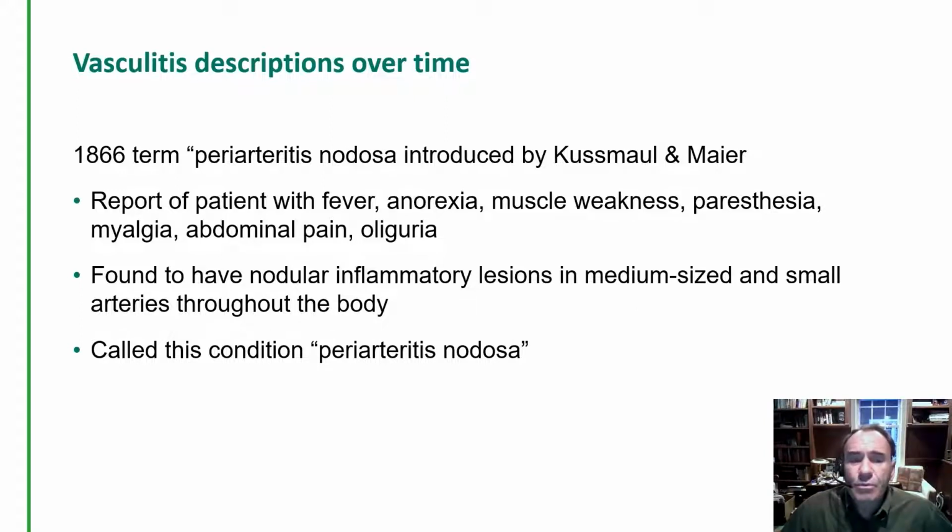Anyway, this initial report in 1866 described a patient with fever, anorexia, muscle weakness, paresthesia, myalgia, abdominal pain, and oliguria. The patient was found to have nodular inflammatory lesions in medium-sized and small arteries throughout the body. So this was on an autopsy because the patient did not survive. And they called this condition periarteritis nodosa.